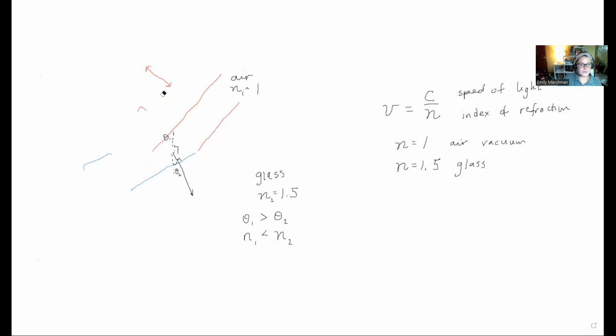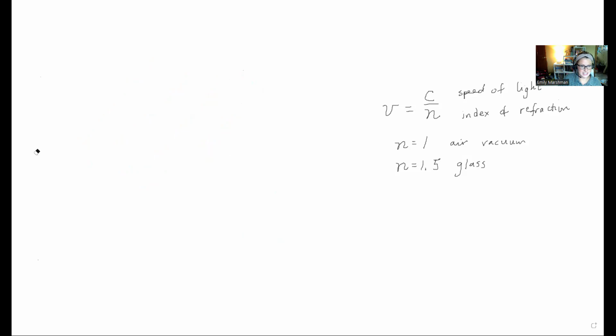And we can do the reverse. I will erase all this. If I'm coming from an index of refraction that's high to low, we see the reverse happen. So let's suppose I'm in glass. The light wave is coming from glass that has an index of refraction of 1.5. The light is moving slowly in the glass, slower than it would be in regular air.